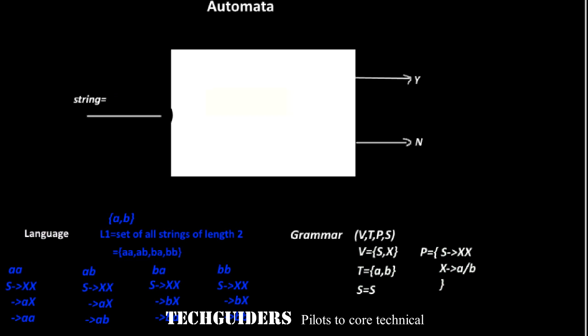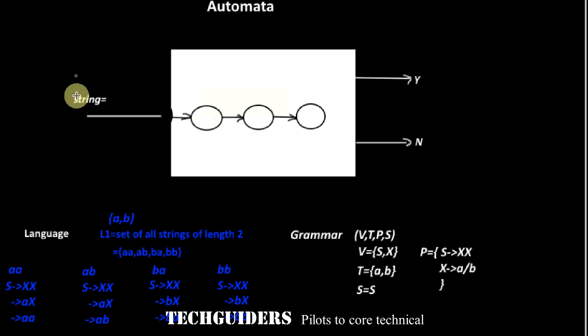As we have seen, automata is a mathematical model or an abstract representation of the computing machine, and it is basically a state machine, and hence it can be represented by using a state transition diagram. The states are represented by circles and the transitions are represented by arrows. In the very beginning, automata will be in some initial state.